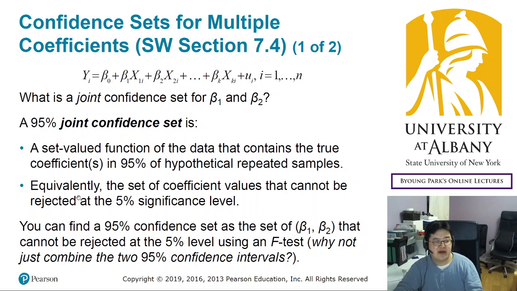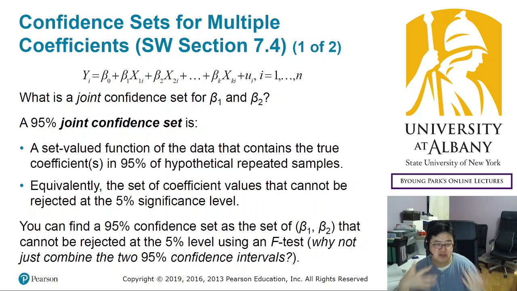So a 5% significance level implies a 95% confidence level. So the error probability is only 5%.